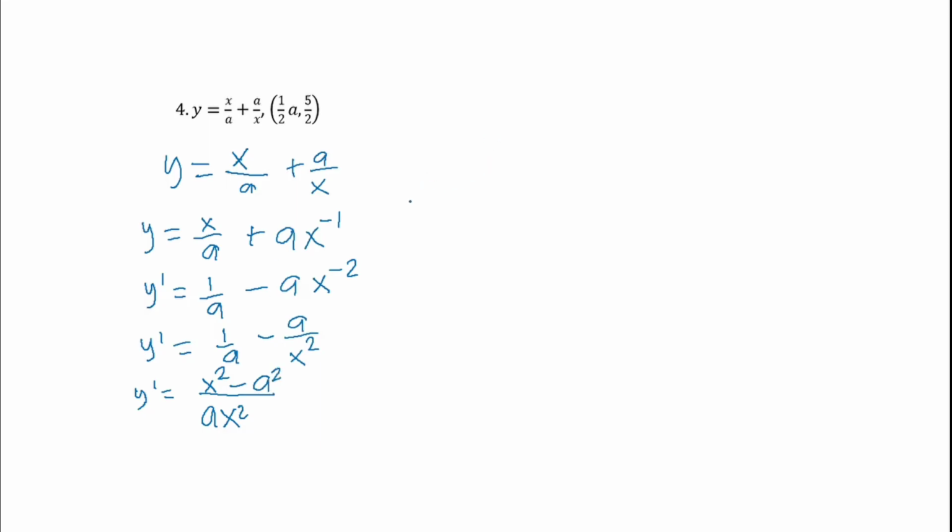In order to find the slope, we need to substitute the value here. So we have y prime is equal to, our x is a over 2, so therefore we have a over 2 squared minus a squared over a times a over 2 squared.